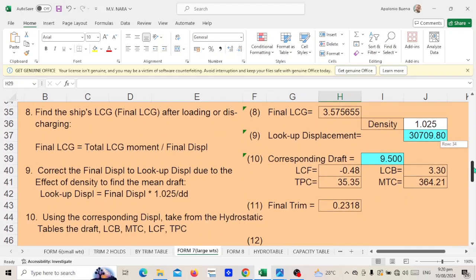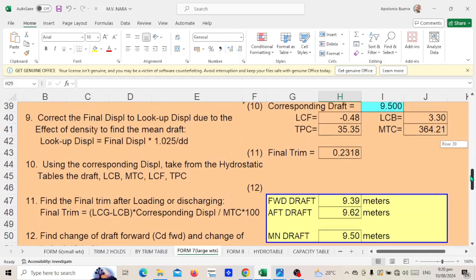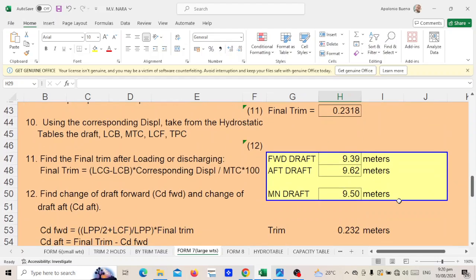And that's it. So what will be our draft when we take out hold number 4? Go down, check the draft. The draft now: forward is 9.39 meters and up draft is 9.62, and your main draft is 9.50 and your trim is 0.232.